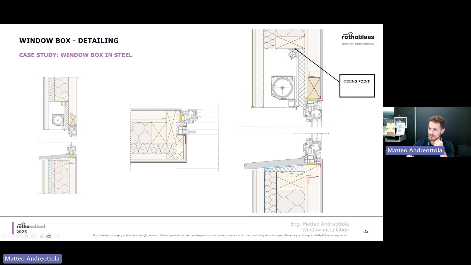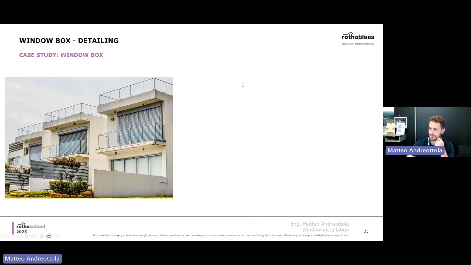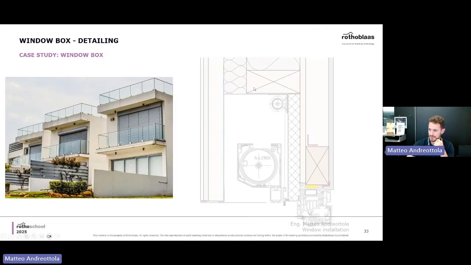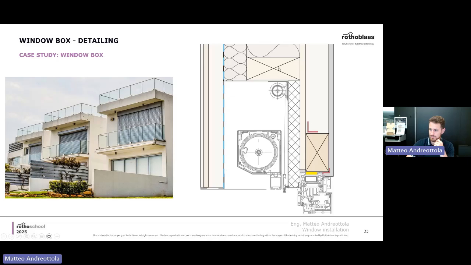Obviously, you need to have a fixing point, as you see here in the image, but you also need to make sure this is solved from an insulation point of view. Otherwise, you end up with issues. In fact, you can place a structural insulation here and lower the detail a little bit, so that you don't have problems.